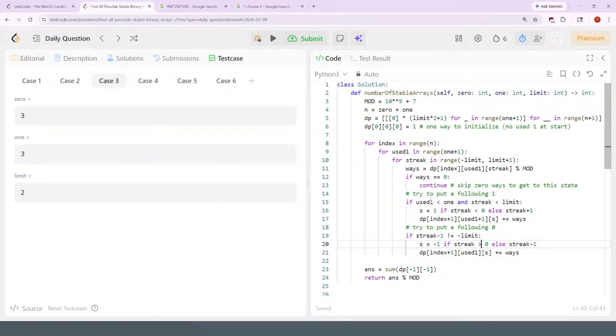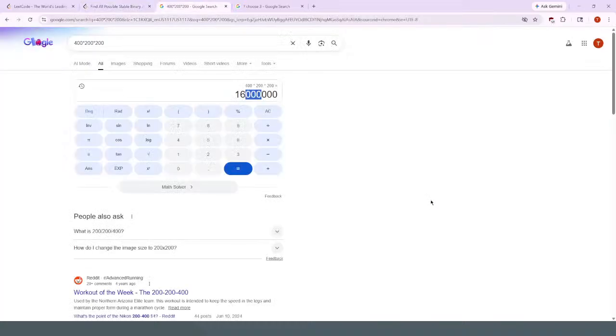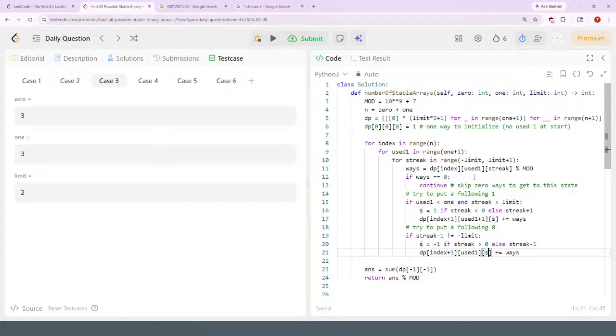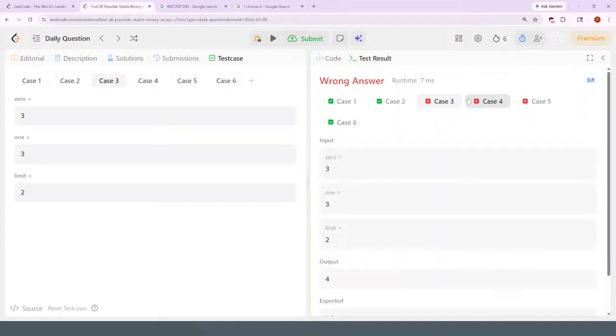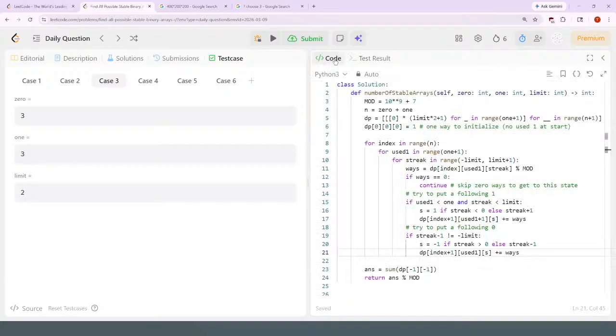Then s equals -1 if streak is greater than 0, else s is equal to streak minus 1. How did that make it worse? What? Try to put the following 1. Try to put the following 0.